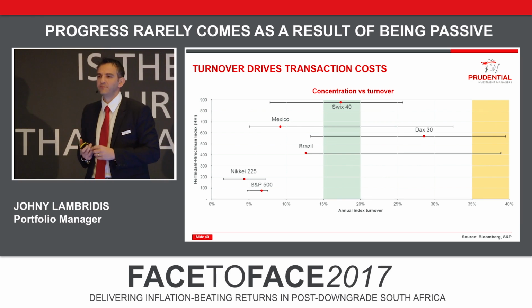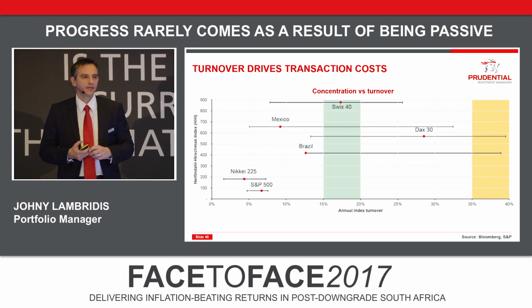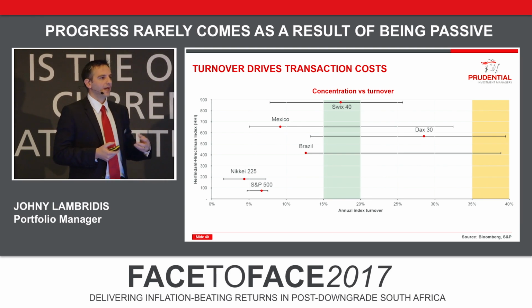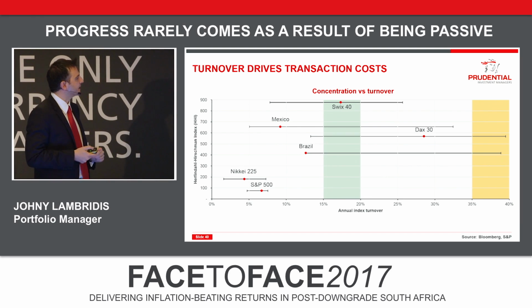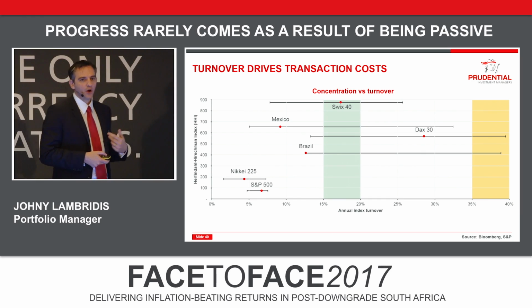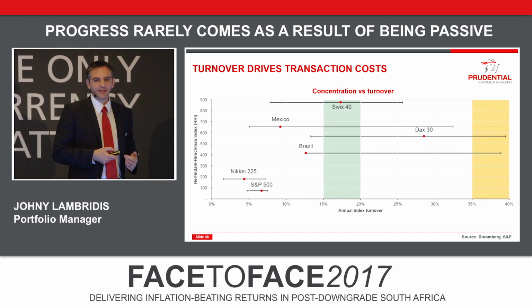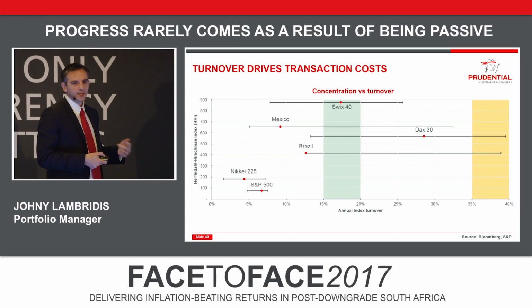Just by point of reference, bond indices have very high turnover, and that's because bonds mature, and therefore new bonds have to be continually issued to come back into the index. This is actually one of the reasons why active bond investors are able to outperform the passive benchmark, because there's so much churn in the portfolio.